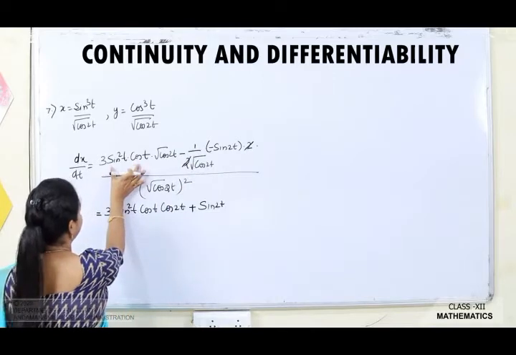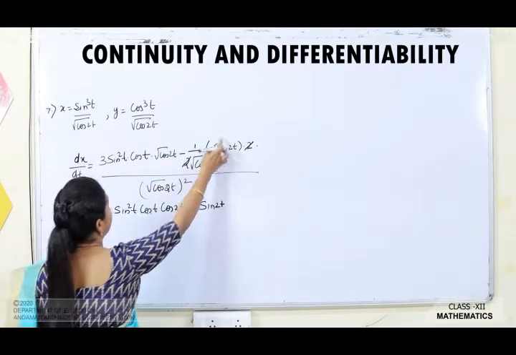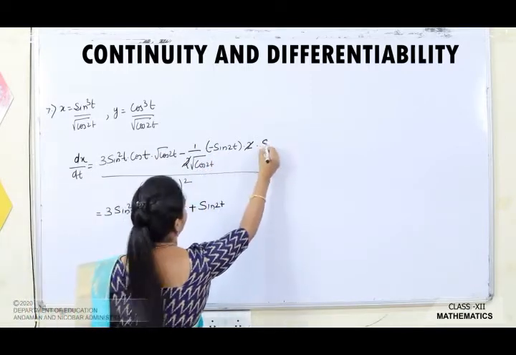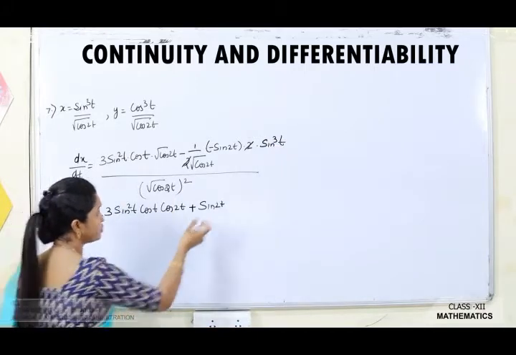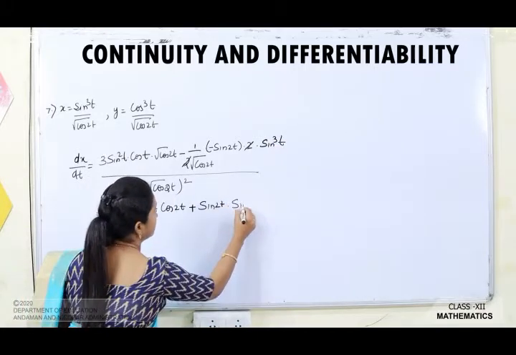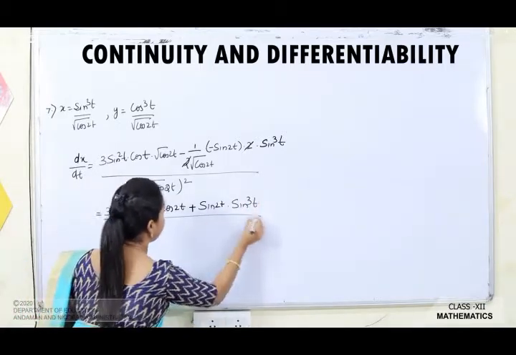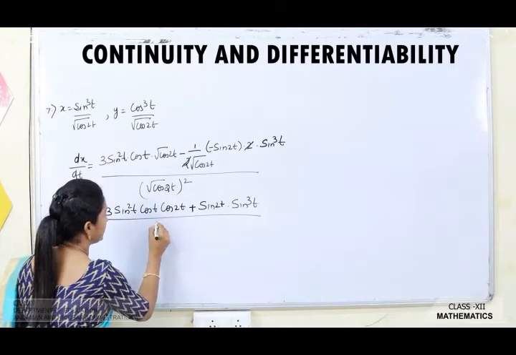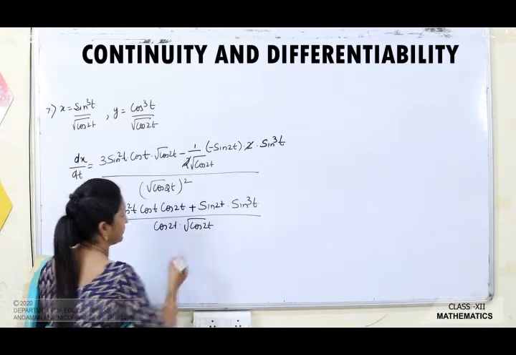The derivative of the first function is done, this you have done with the second denominator, minus derivative of this, this is your denominator and here you have to write down the numerator also, correct. So this you have to write down here, sin cube t, correct. You have cross multiplied by this, root will come here. So you are going to get root cos 2t the whole square is cos 2t into root cos 2t.